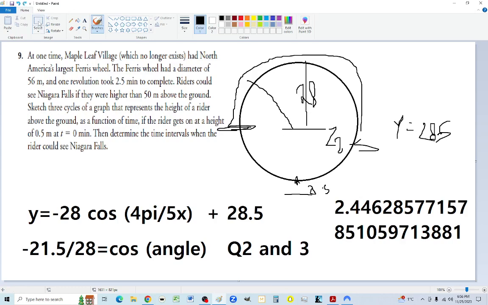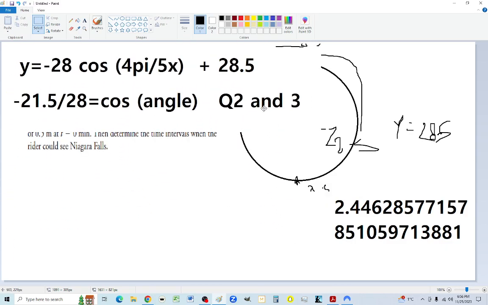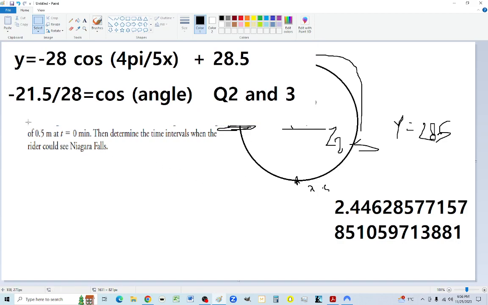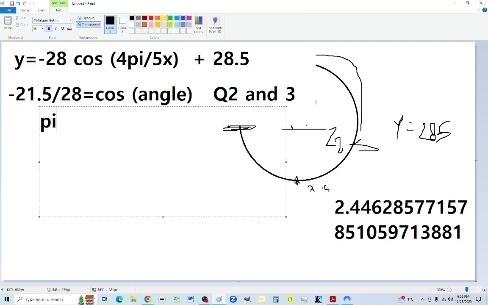If we want to figure out the acute angle, we take pi and subtract that 2.44.